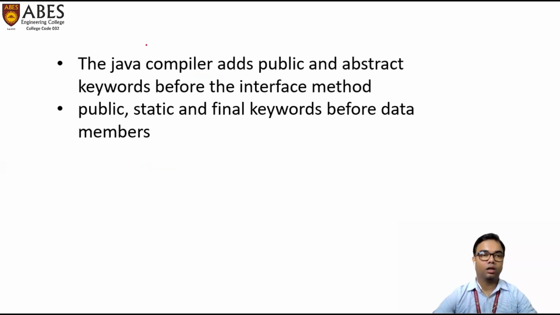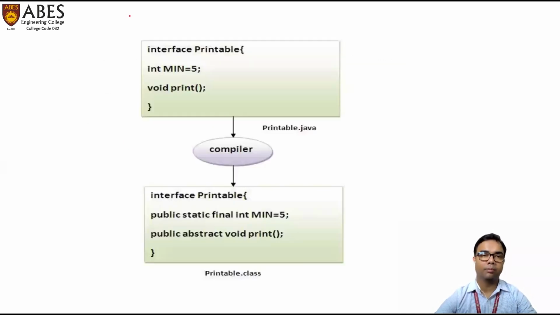And here are some technicalities while you are declaring the interface. The Java compiler adds the public and abstract keywords before the interface method automatically, and the public, static, and final keywords before the data. So you can see what actually happens. Suppose you have defined the interface Printable, and in this interface, you have defined min equals 5, and a void print method.